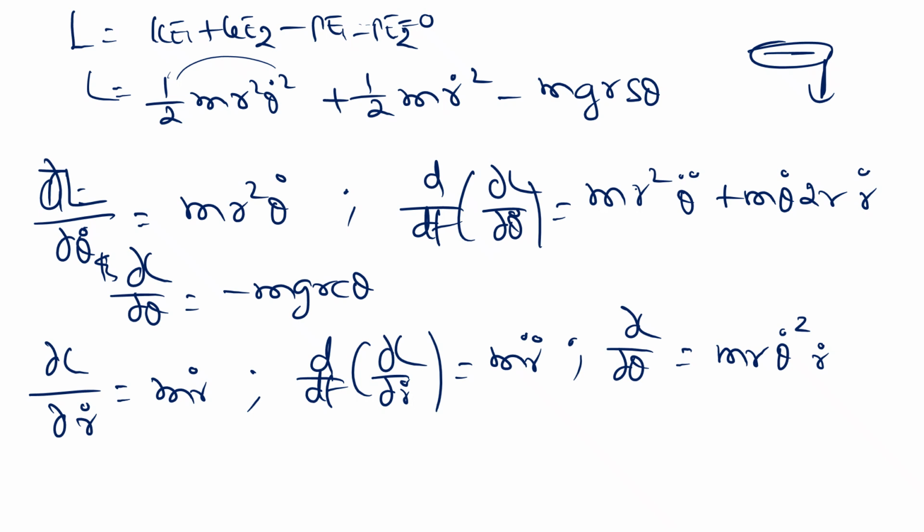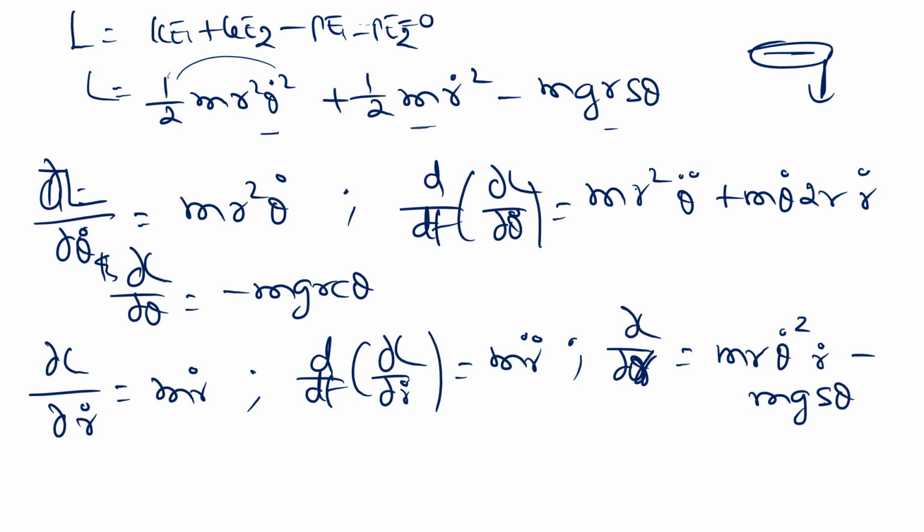Okay, so this is done. Here we do not have r, but here you have r. So that will be minus mg, r is 1, so mg sin theta. Okay, so we have done all.